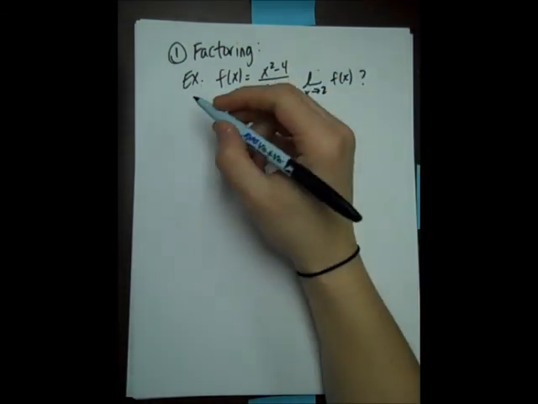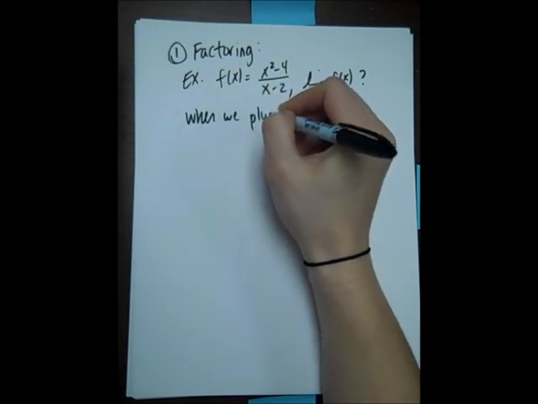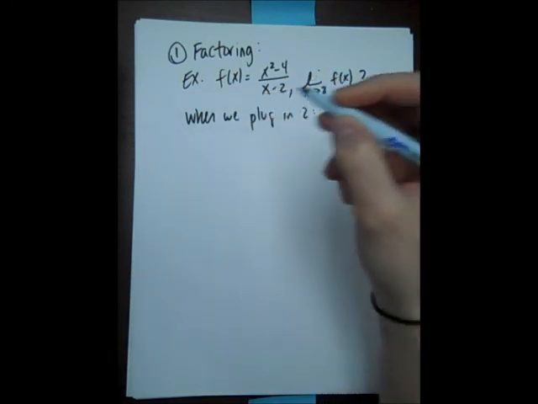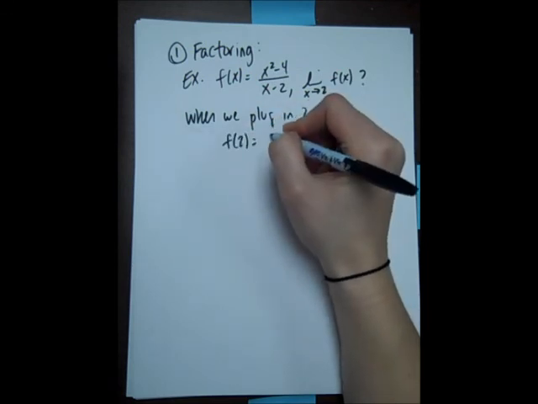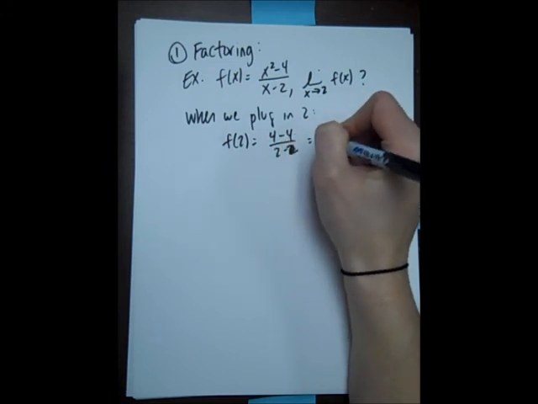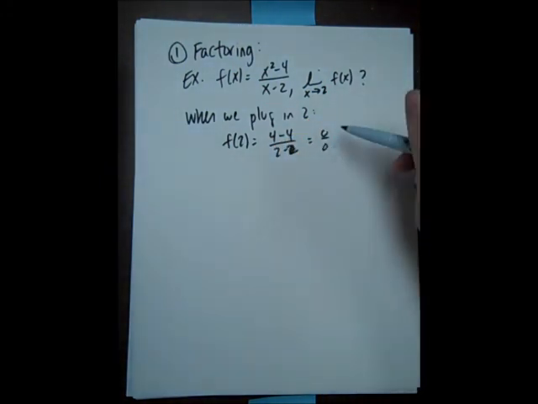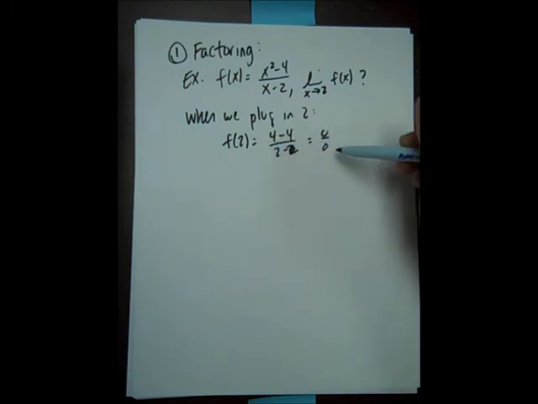But what happens when I plug in 2 into f of x? F of 2 is 4 minus 4 over 2 minus 2, which is 0 over 0. This is an indeterminate form. So that's what we were talking about with indeterminate forms. It means when I plug in my value, I get something like 0 over 0.